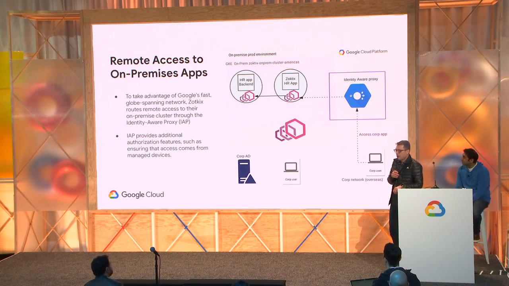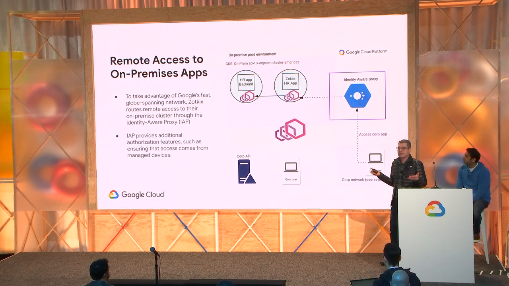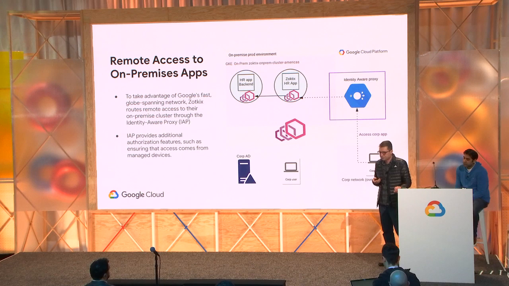Okay, so in this scenario, Zotkix decided to use the Identity Aware Proxy, IAP, to take advantage of Google's fast, globe-spanning network. So many of our customers actually use IAP to route both traffic to their cloud applications as well as on-premises applications because of the advantage of the Google network connectivity.